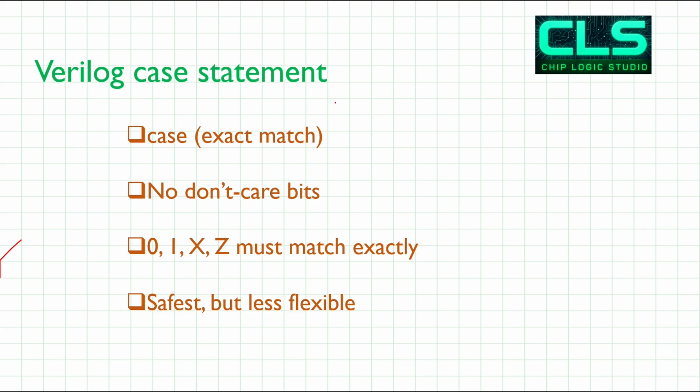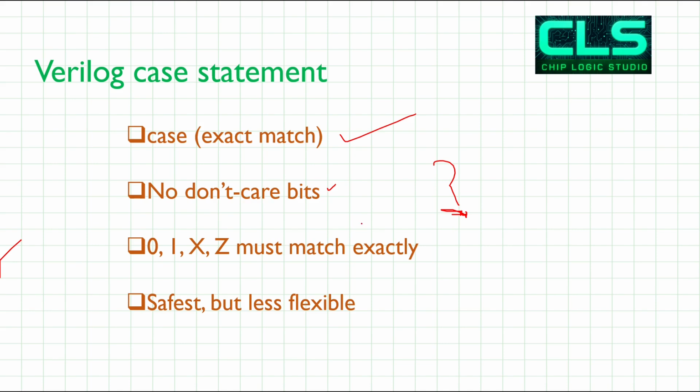There are first of all 3 types of case statement: case, casex, casez. First is our regular case, which is an exact match, which you will know afterwards. And there are no don't cares. Don't care is like this, not the z or x. X is like unknown for now. Don't care means we will not care what the value is there, we will just ignore it.